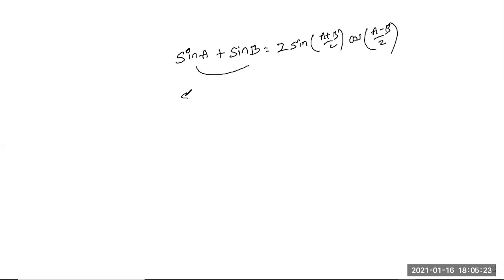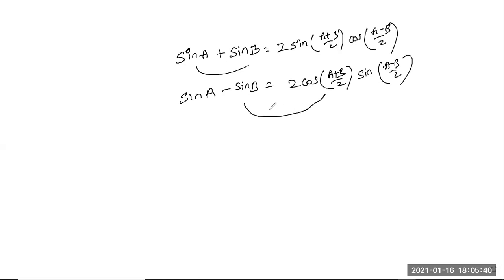Similarly, sin A minus sin B is 2 cos (A plus B)/2 sin (A minus B)/2. This is how you convert a sum of two trigonometric functions into a product of trigonometric functions.